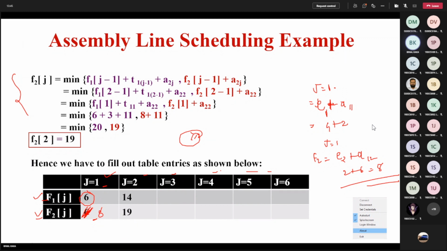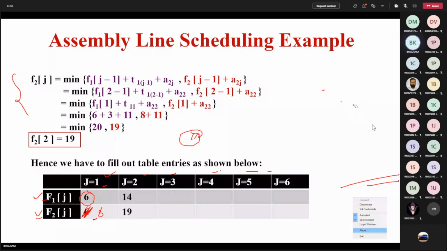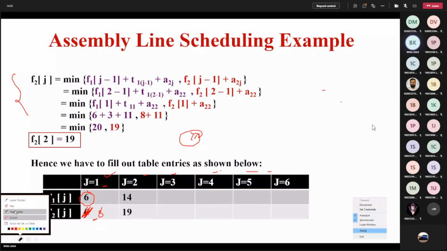Okay. Now we'll fill the second row, second column for j is equal to 2. So what is the formula? The formula is mentioned in the previous slide.